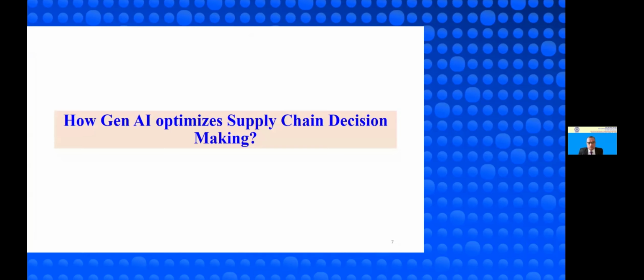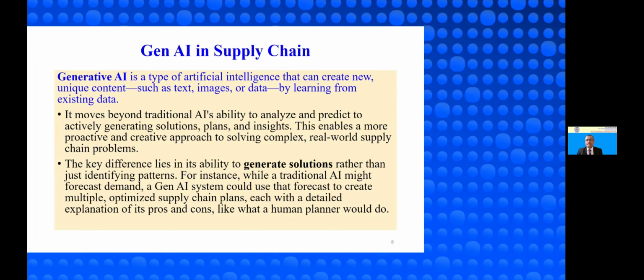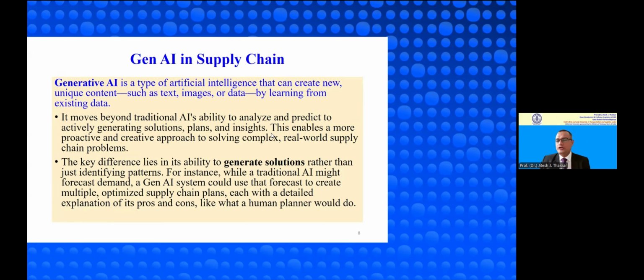So let us see how Gen AI optimizes supply chain decision making and how this enabling platform really helps today's supply chain managers. Gen AI in supply chain, generative AI, typically we call it, is a type of artificial intelligence that can create new unique content such as text, images, or data by learning from existing data.